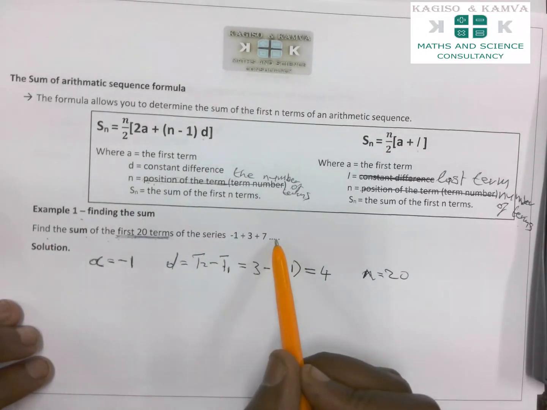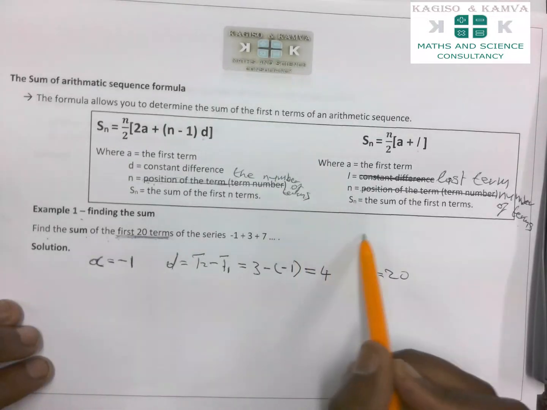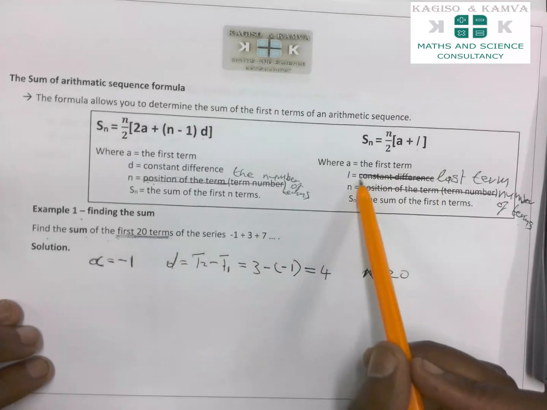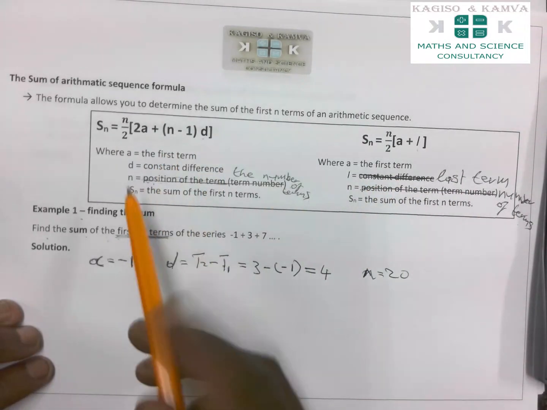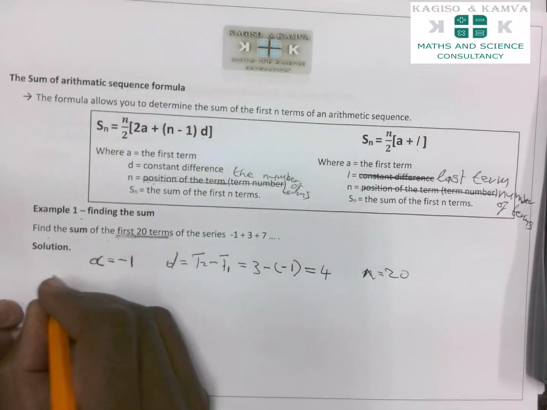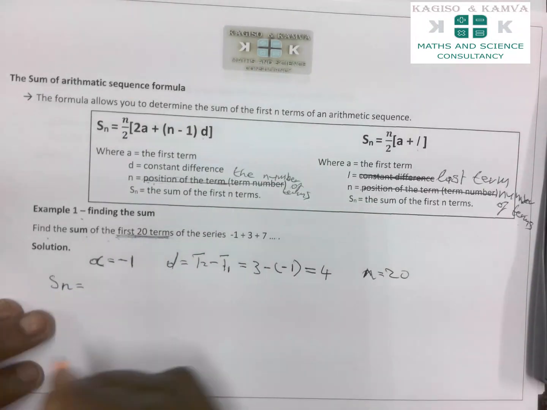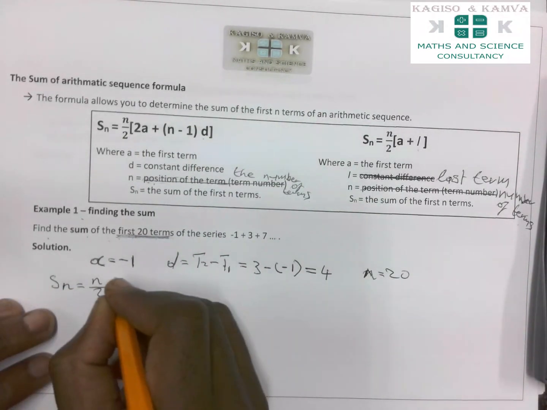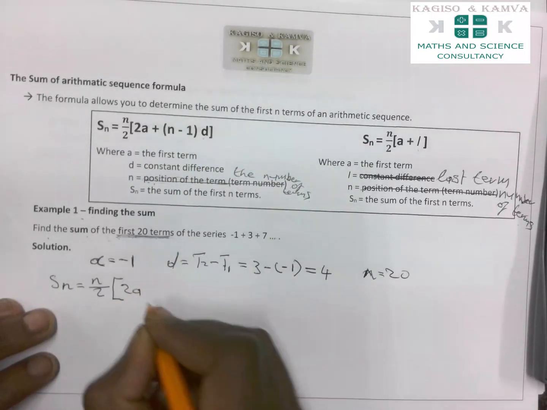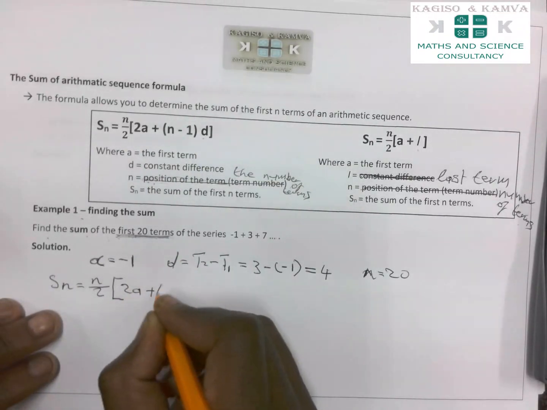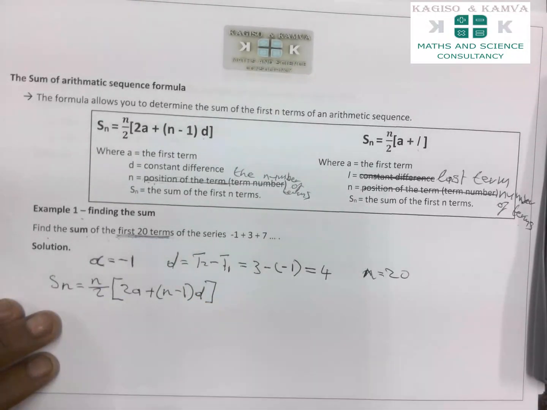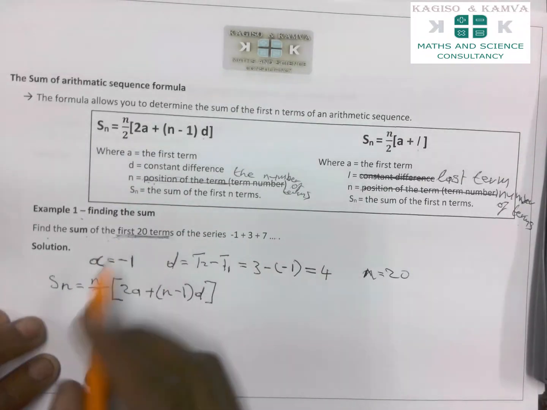This series continues like that, but we do not know what the last term is, so we cannot use the formula with l. So we're going to be using this one: Sn is equal to n over 2 into 2a plus (n minus 1) d, close bracket. We're asked to find the sum of 20 terms.